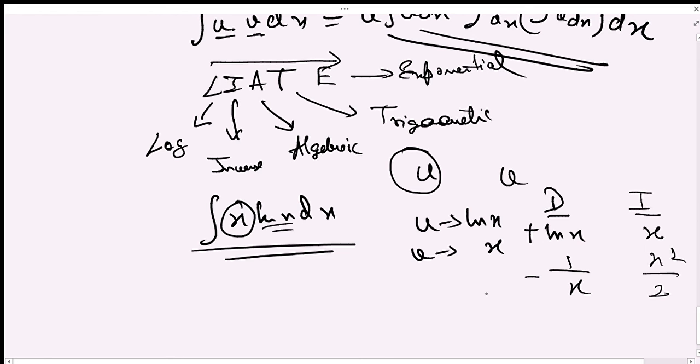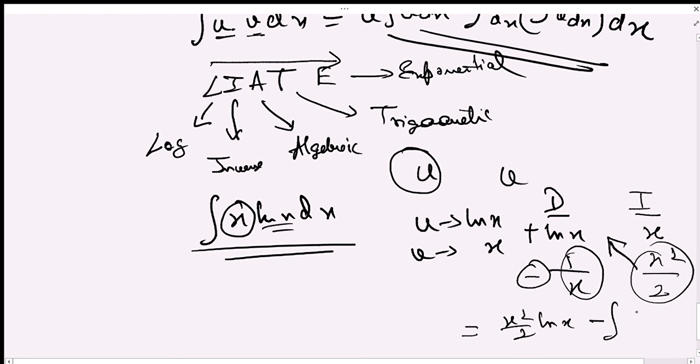From here you can write the integration by parts directly. The first element of the answer will be the cross multiplication of these two values, so this becomes x square over 2 ln x. Here you have a minus sign, so minus the integration of this times this, which becomes the integration of x over 2 dx.